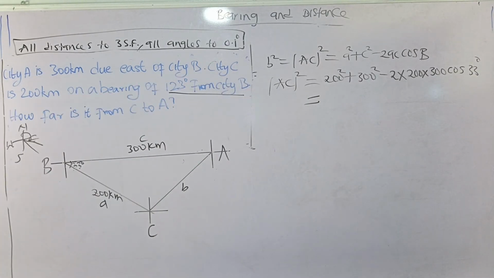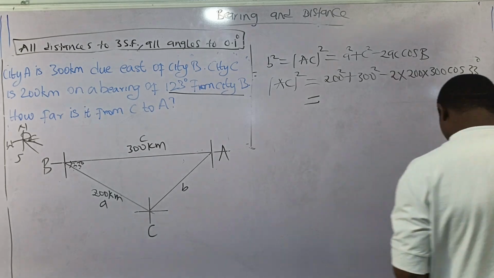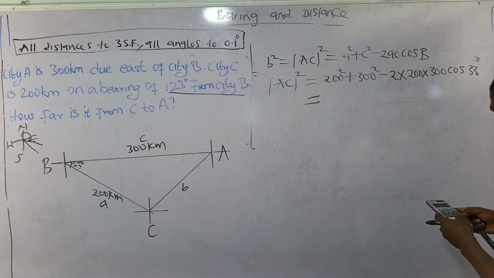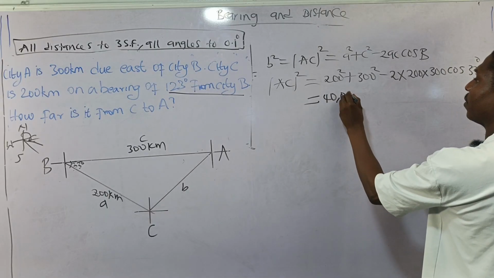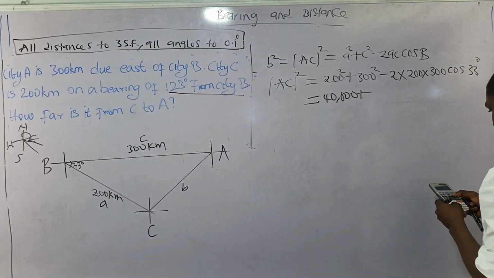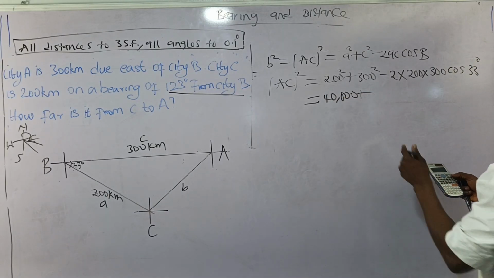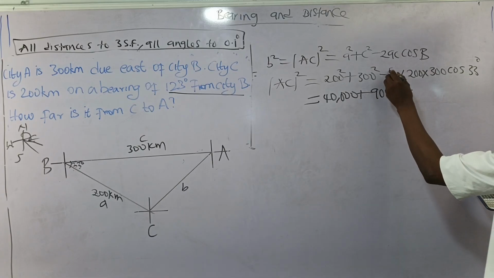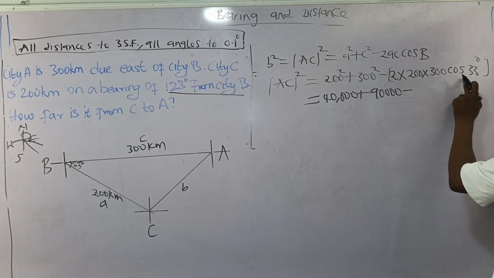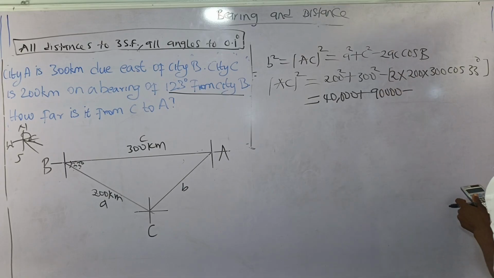Now I'll use my calculator. 200 squared is 40,000. 300 squared is 90,000. Minus, remember, you can use a closed bracket. You resolve all this as one before thinking of using this negative sign.